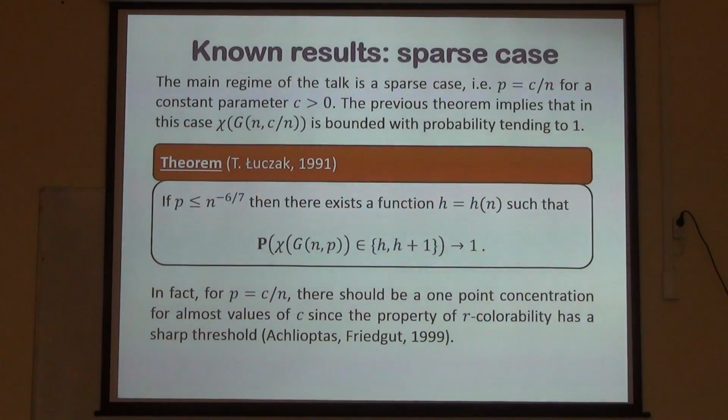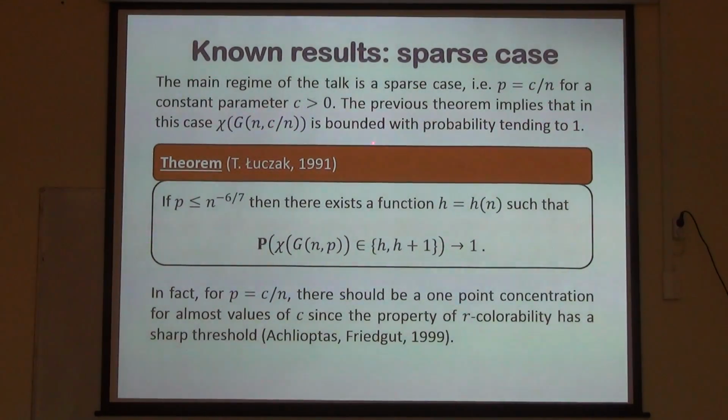For p at most n to the power minus 6 over 7, there is some function h of n such that the probability that the chromatic number lies between h and h plus 1, so two values which are adjacent to each other, tends to 1. So with high probability we have a two-point concentration.